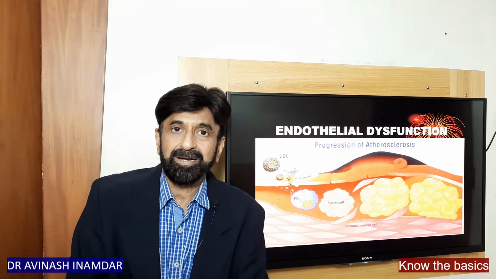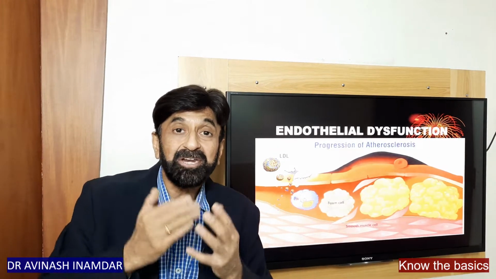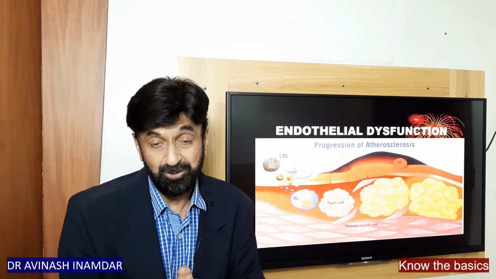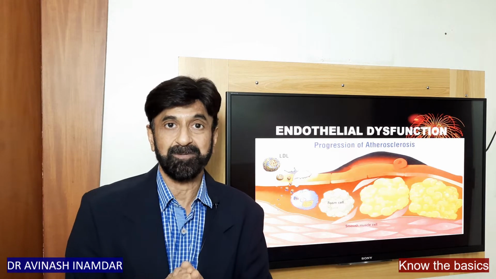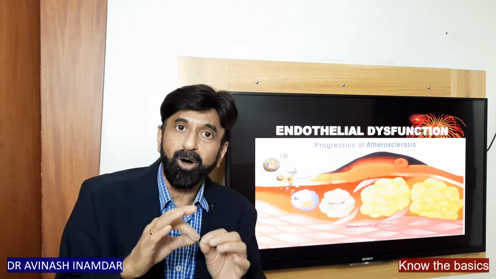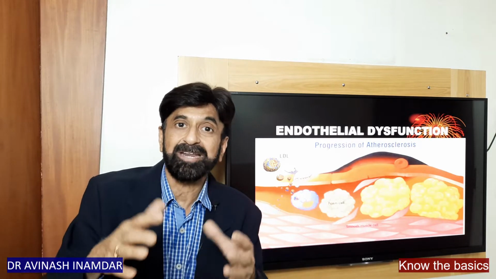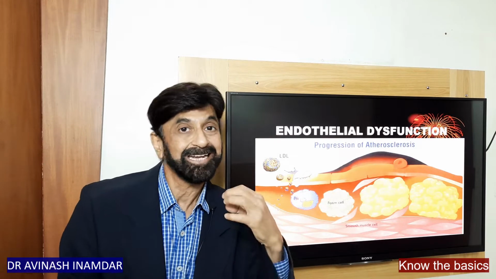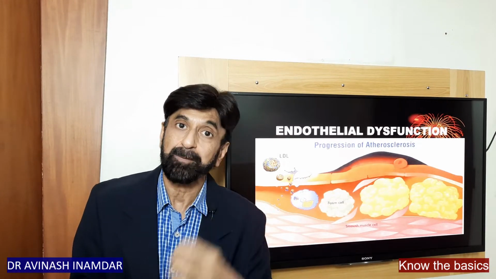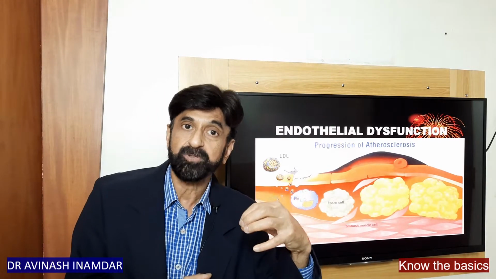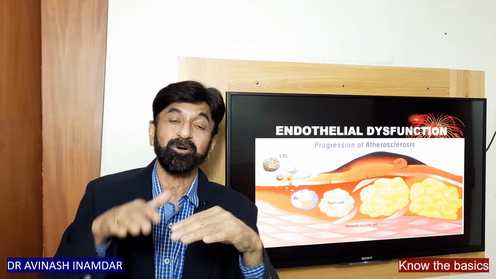Now, ultimately, what happens is the inner lining of the coronary artery is damaged somewhere, which is called endothelial dysfunction. So if there is a lesion, a small erosion of the inner lining of this artery, then the bad cholesterol, which is called the LDL or the low density lipoprotein, enters through that disruption into the inner lining of the artery.